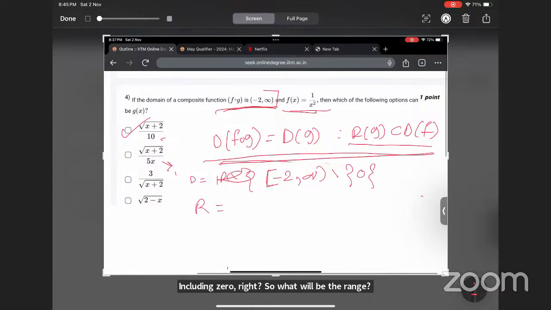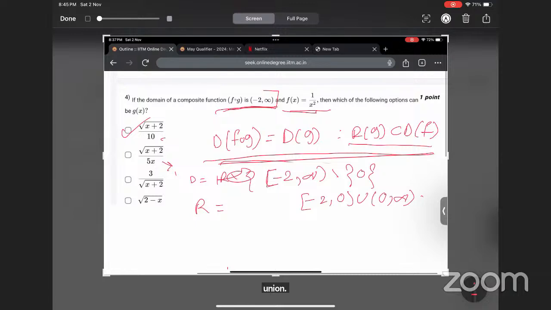Similar process. You just have to check the boundary points. That means we can break it like that: -2 to 0 union 0 to infinity, right? Now we will check from the negative side of 0, from the positive side of 0, and towards infinity and towards -2.